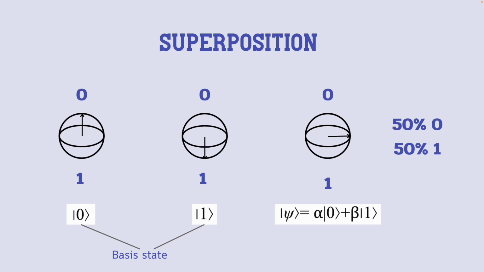Until the qubit is measured, its state remains in a superposition of 0 and 1. It's only upon measurement that the qubit state collapses to one of the basis states, and we observe a definite outcome. Superposition enables quantum computers to explore many computational paths in parallel, providing exponential parallelism compared to classical computers.